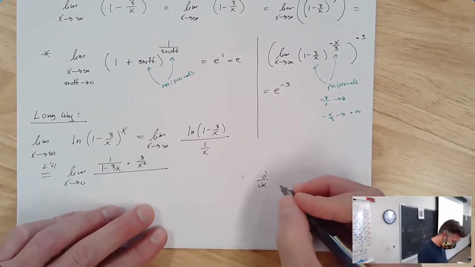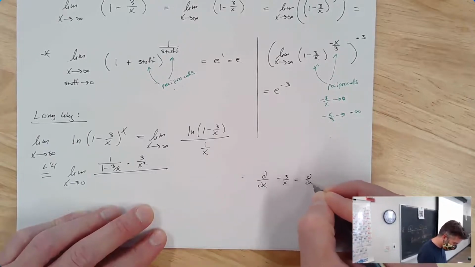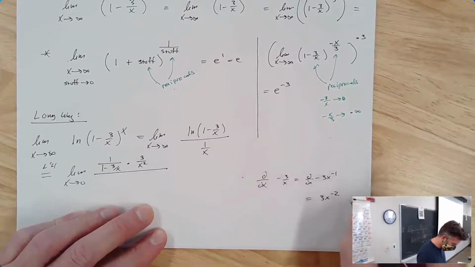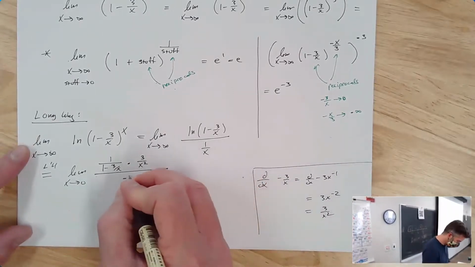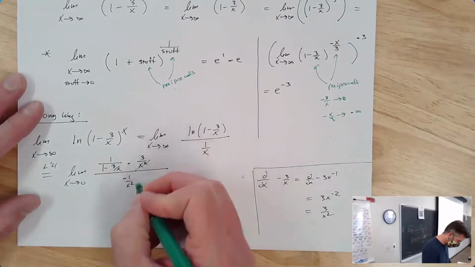The derivative of negative 3 over x is the derivative of negative 3x to the negative 1, which is 3x to the negative 2, which is 3 over x squared. Derivative of 1 over x is negative 1 over x squared. And what can I cancel out right away? The x squareds in the denominators.